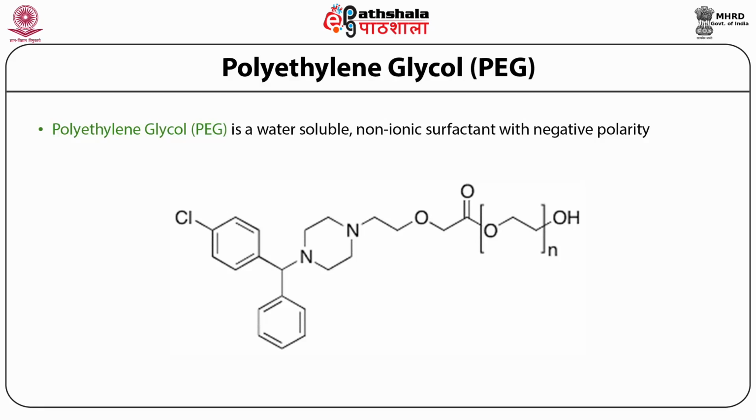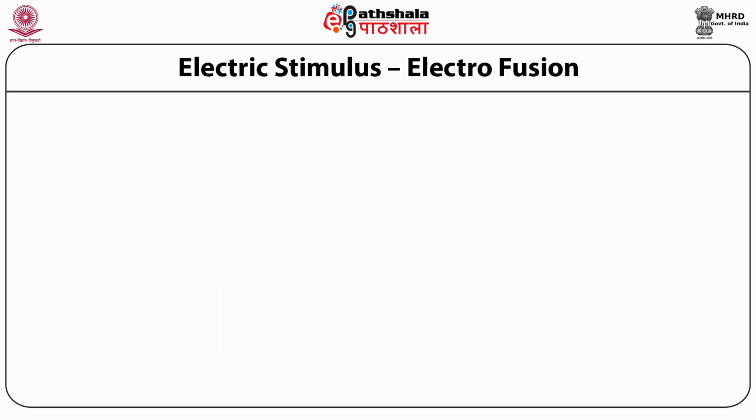The frequency of PEG-induced fusion is influenced by the physiological stage of the protoplast, density of protoplast, molecular weight of PEG, calcium ion concentration, pH, osmolarity, and method of application of PEG. In the past couple of decades, electrofusion has become an alternative method of somatic hybridization.